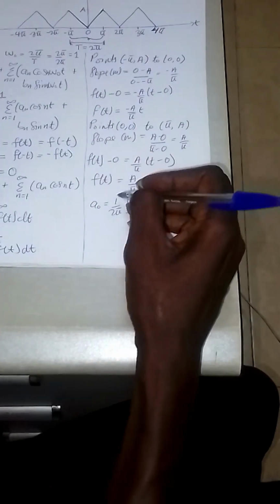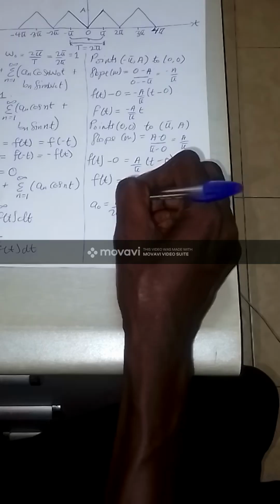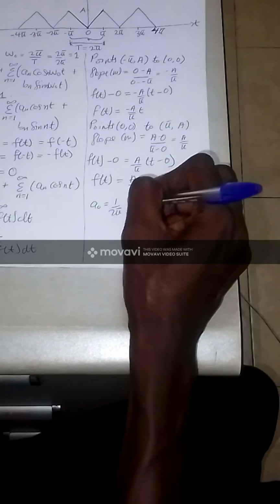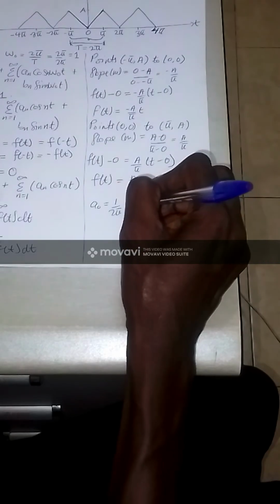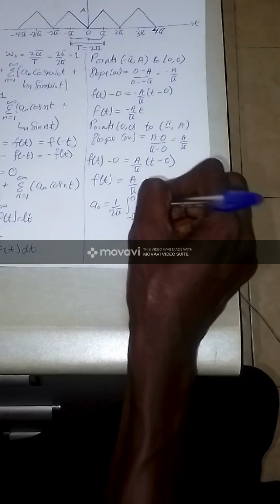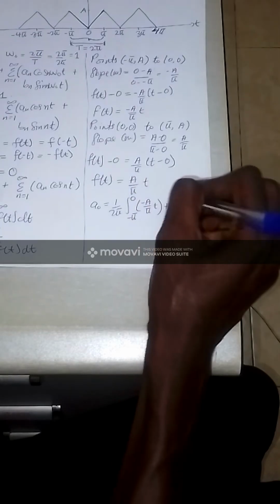This line is from minus pi to 0, so I'll put my limits as minus pi to 0. And the equation there is minus a over pi t, plus the second aspect, which is a over pi t from 0 to pi. You can see that this line is from 0 to pi, so I'll put my limits as 0 to pi.